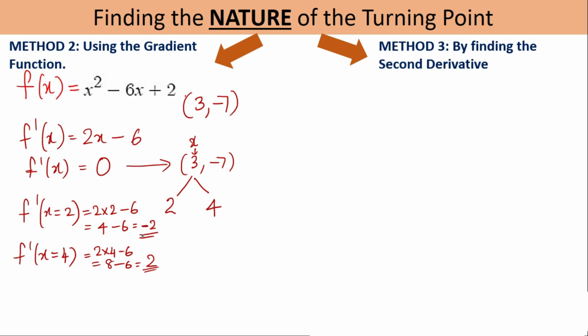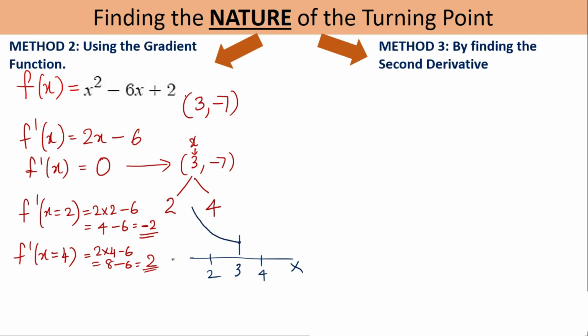Now from these values, I realize that you have 3 in the middle, and you have 2 and 4 on either side. So, on the x-axis, the gradient at the coordinate when x is 2 is negative. So that means this is how the function should be.